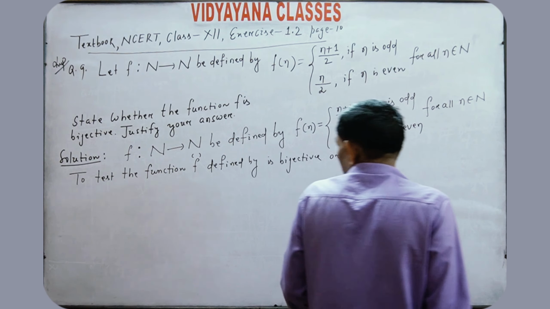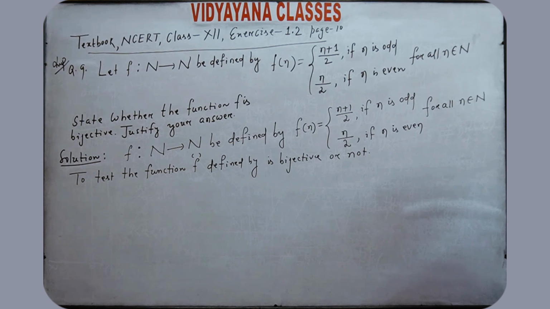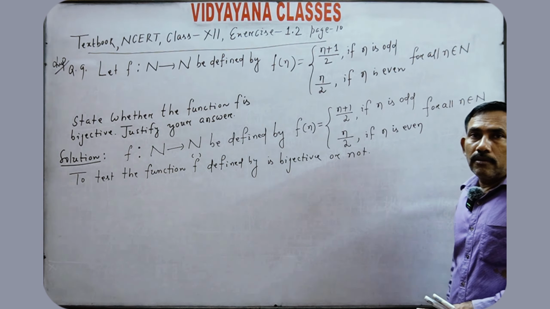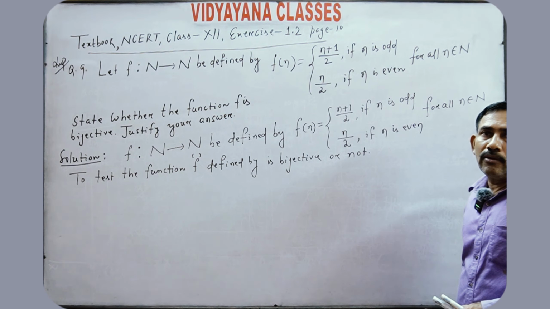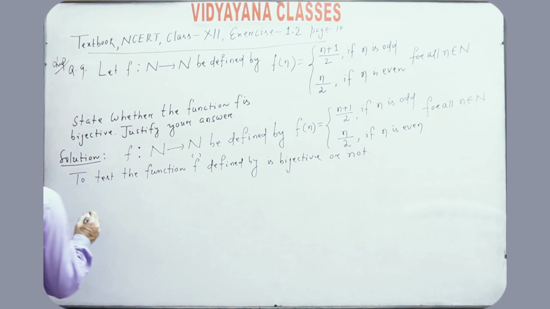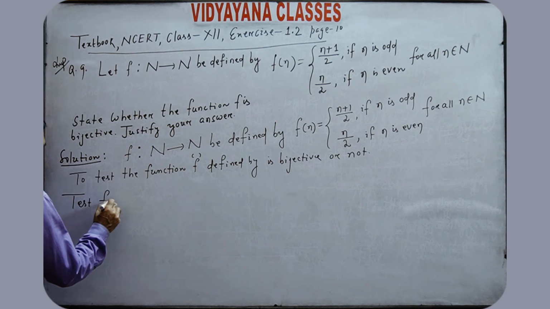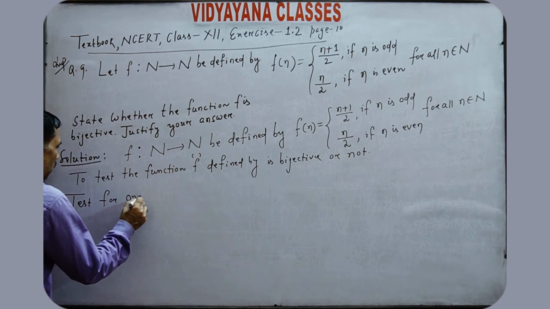We have to test whether the function f defined by this is bijective or not. That means f satisfies the definition of 1-1 and onto or not. Test for 1-1.